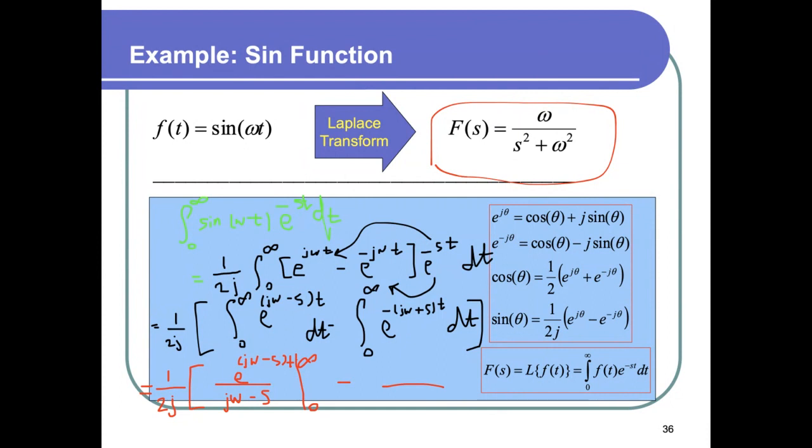I will divide by minus j omega plus s, so I will use that negative sign to make this positive, and we have e to the power of minus j omega plus s times t, from 0 to infinity. Any questions until here?